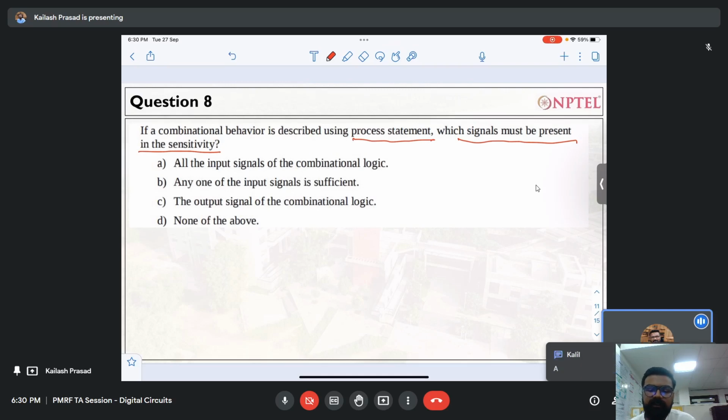Okay, Khalil is saying A. What about other students? Madhubala is saying C. What about others?